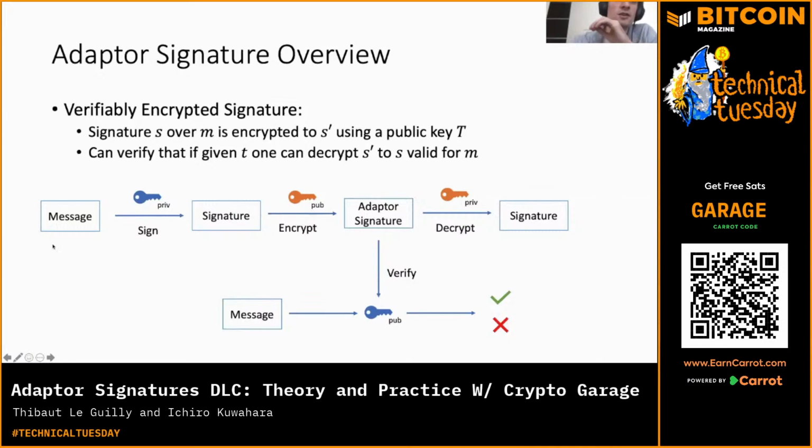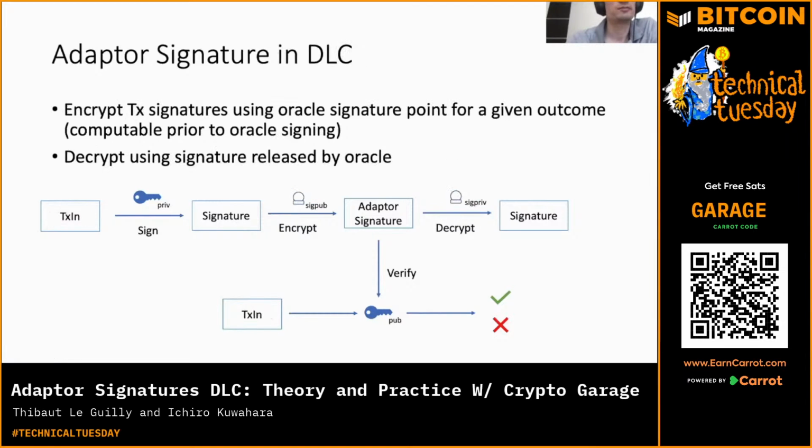So again, you have a message, you sign it, then you encrypt this signature, and your counterparty or anybody else can verify that this adapter signature is actually the encryption of this signature. And if someone gives you this private key, you're guaranteed you're going to recover exactly this. Now we're going to see how that applies to DLC.